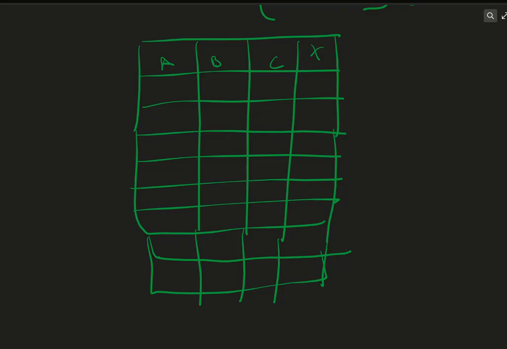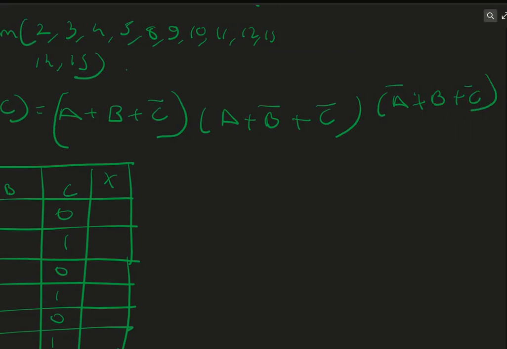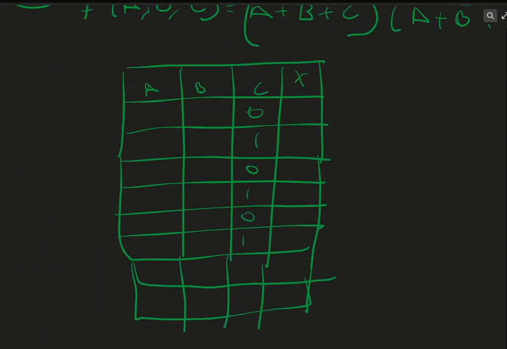So 0, 1, 0, 1, 0, 1. How many variables? Okay, I need to cross check that I don't miss any variable. Since it's a pure POS, the max terms are the ones that have 0 as output.